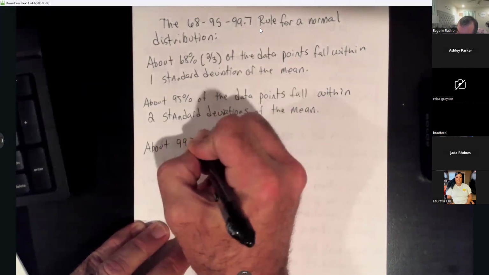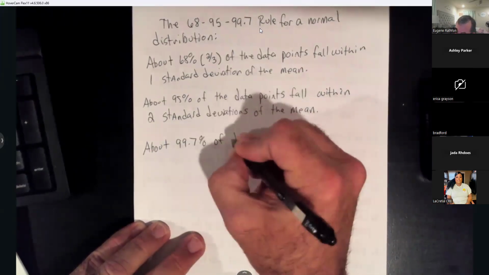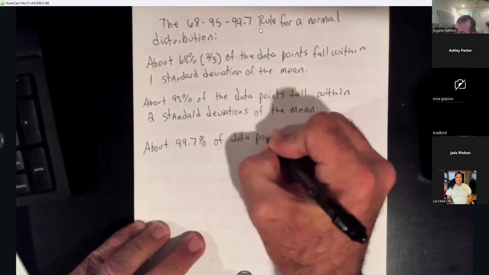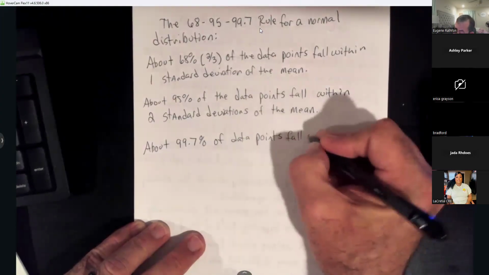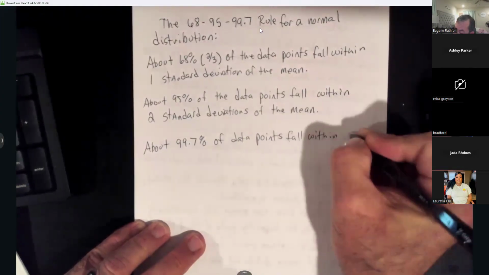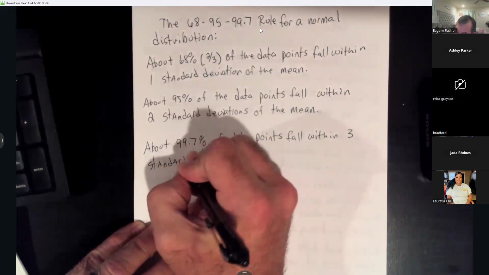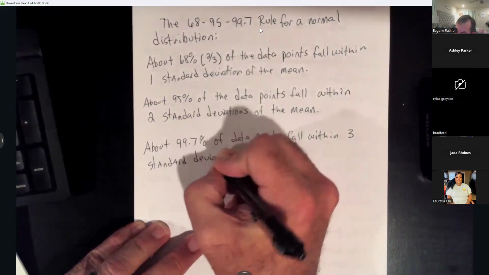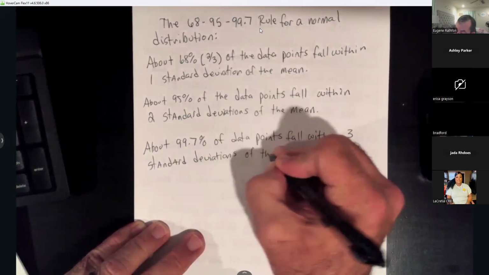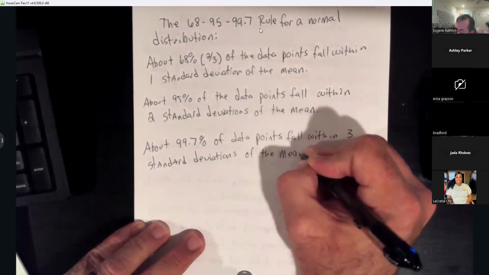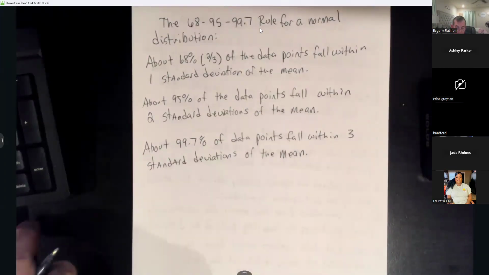About 99.7% of data points fall within 3 standard deviations of the mean. I mean, that's pretty much getting close to 100%, okay?